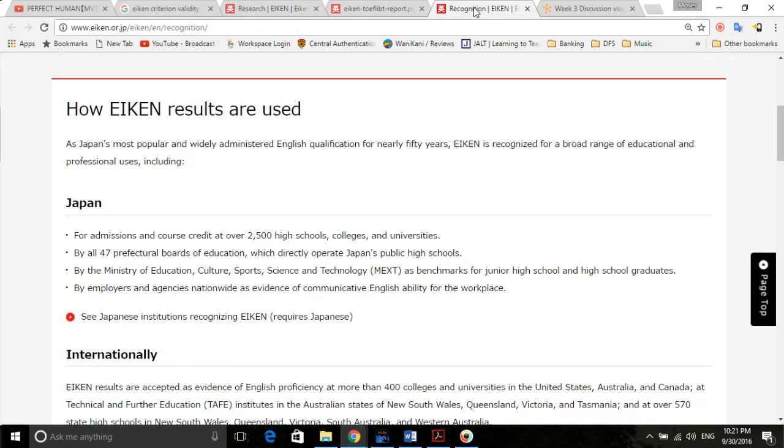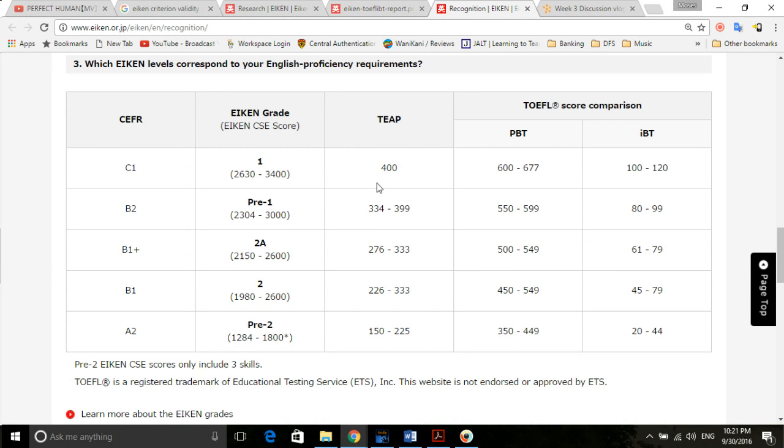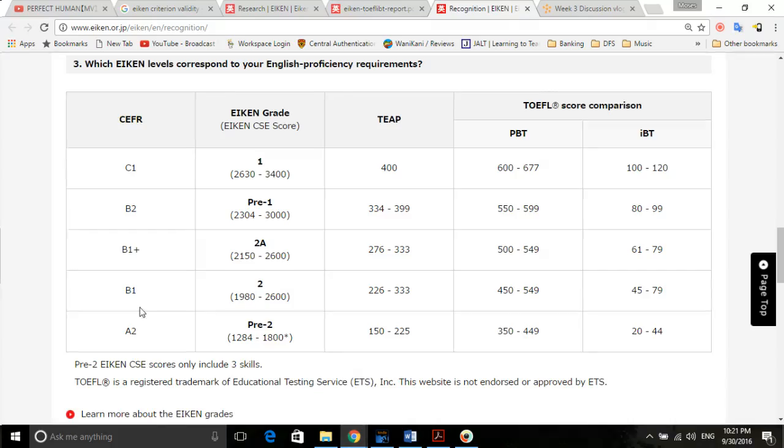Where was it? Here we are. So if I look on this page here, it does actually show the Eiken grades, and it does have criterion validity, but studies have only looked at pre-2, 2, and pre-1 and 1. They haven't looked at the lower levels. And they do make comparisons looking at the CEFR, TEAP, and the TOEFL.